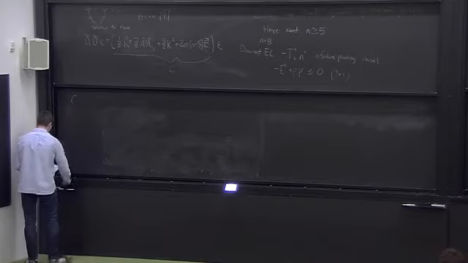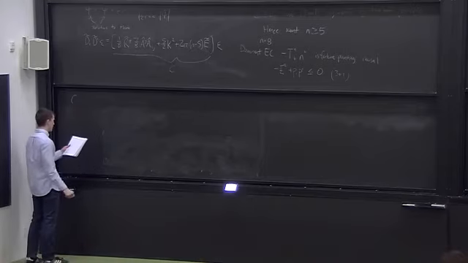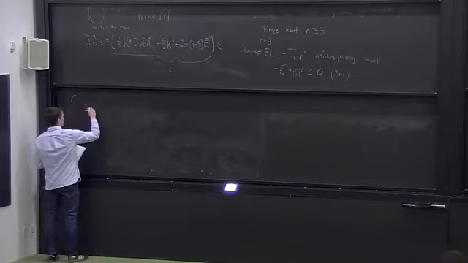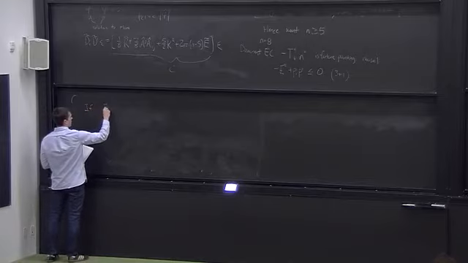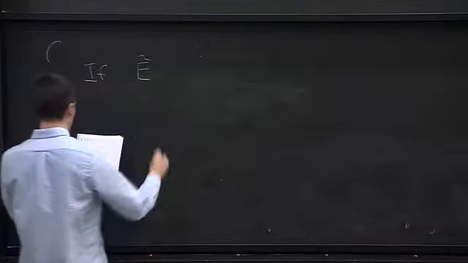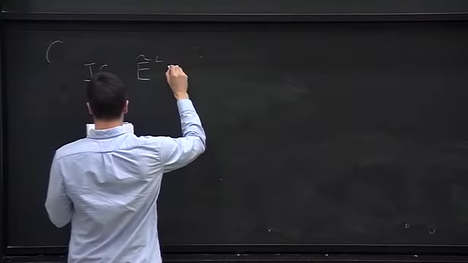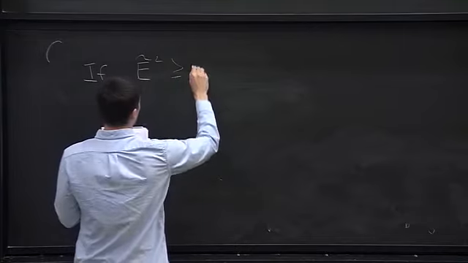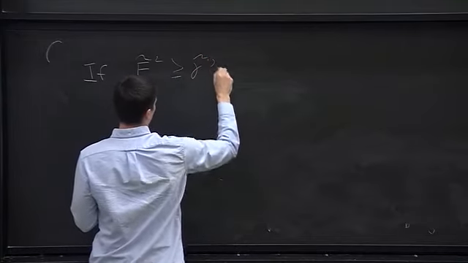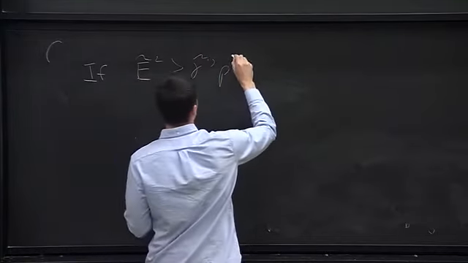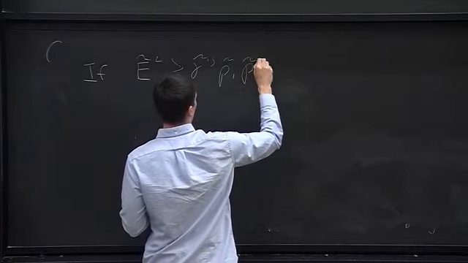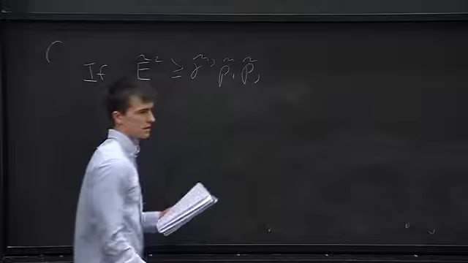Okay, so why does that imply that we want n equals 8? So that means that, say we start off with some conformal energy density and 3 momentum that satisfies this dominant energy condition.